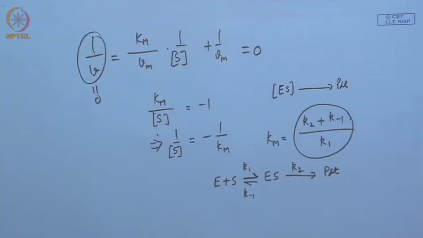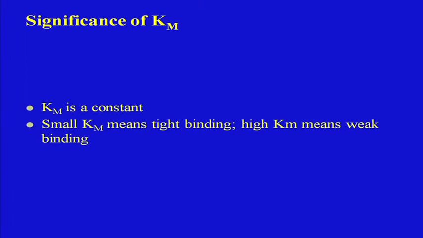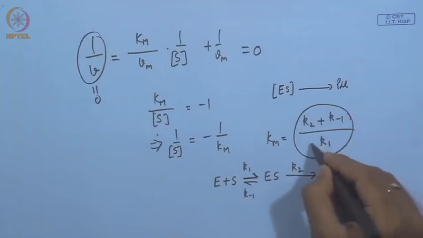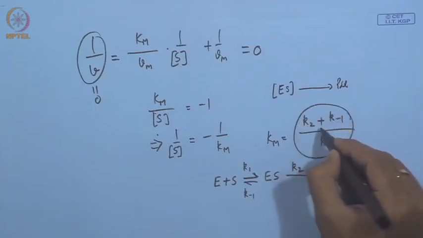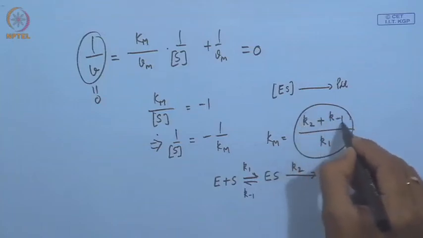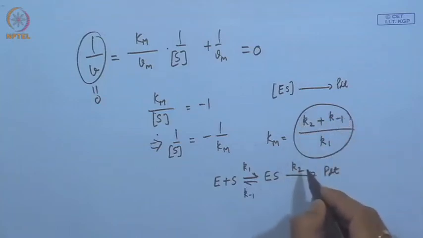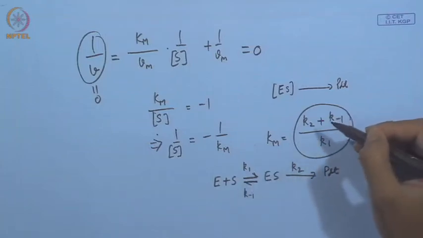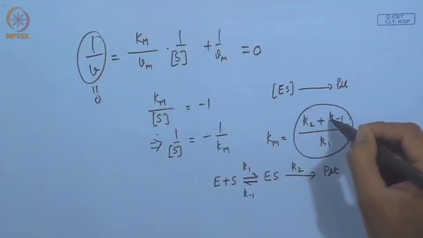Small Km means K1 is high or K2 and K minus 1 are small. K2 being small means this step is also maybe less, and the back reaction is also less. Okay. So, you can think of the magnitude in terms of numerator and denominator.